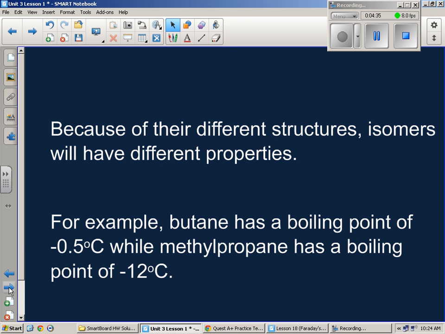Because of their different structures, isomers have different properties. Okay? We talked about this in Chem 20 even, in fact. Most of these, and this would be back to Unit 1, where we talk about things like London forces and dipole-dipole and hydrogen bonding and stuff like that. Remember that? Okay?